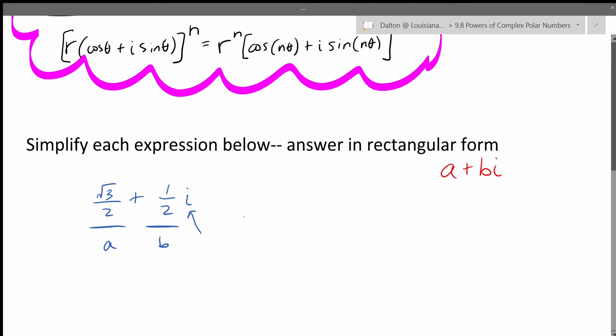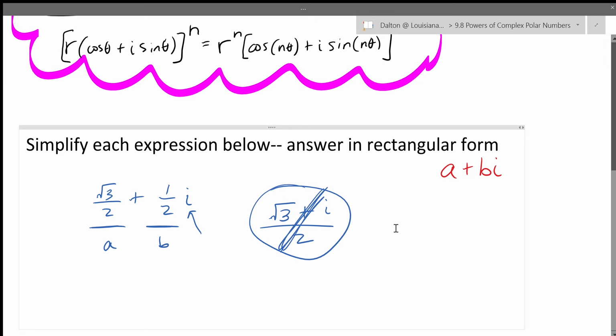You do not want to write this as one fraction altogether. Technically, that would be equivalent to square root of 3 plus i, all over 2. Though equivalent, this is not considered rectangular form because a and b are not explicitly separate from i.